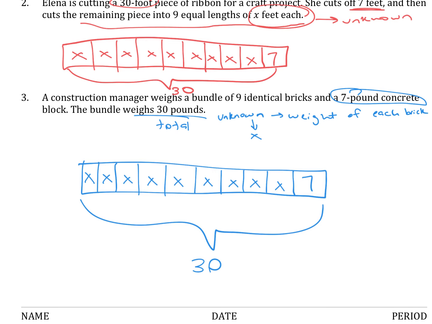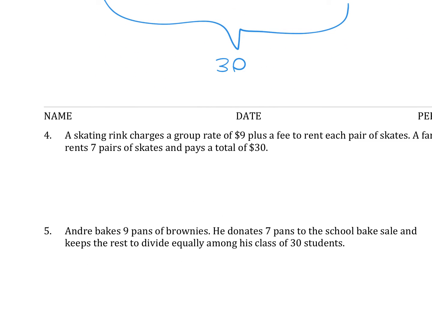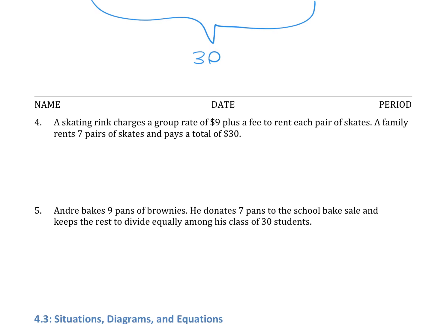Okay, let's go on to number 4. So it says a skating rink charges a group rate of $9 plus a fee to rent each pair of skates. A family rents 7 pairs of skates and pays a total of $30. All right, so for this one, first of all, it tells us we have a group rate of $9.